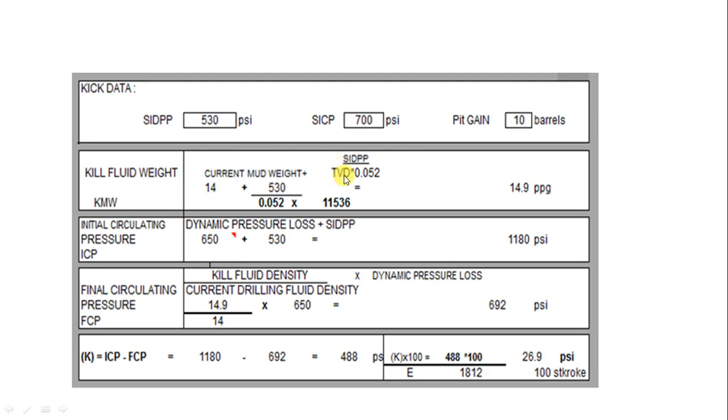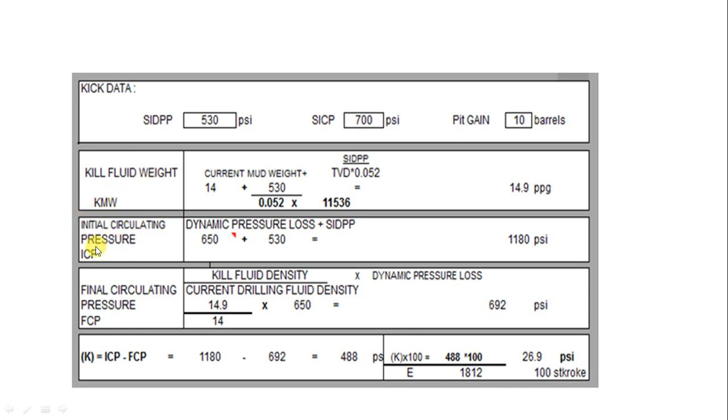So the true vertical depth here is for the bit multiplied by 0.052. So it gives you, for example, 14.85, but we have to round it up to one decimal, as you see here. So it will be 14.9. After calculating, and this is important, this is the sixth question, kill mud weight. You have to put it, okay?